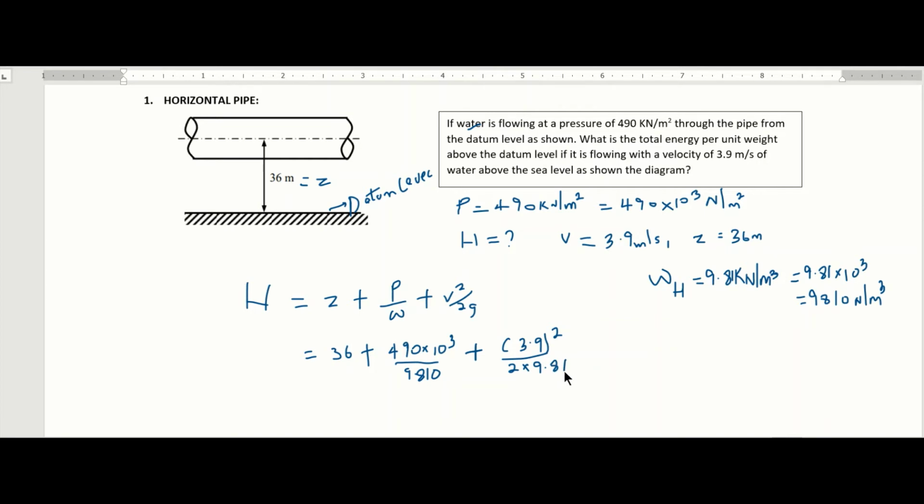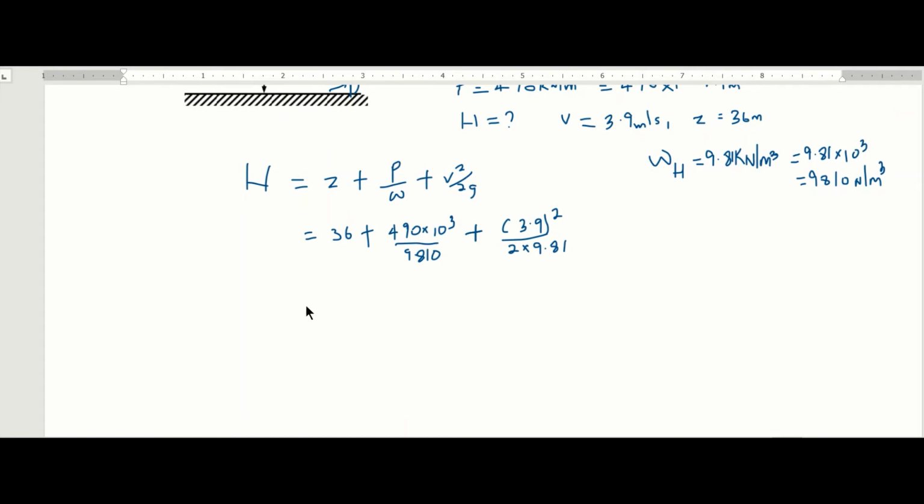So therefore our energy becomes 36 plus 490 times 10 to the 3 divided by 9810, which will give us 49.95, plus 3.9 squared divided by 2 times 9.81, which will give us 0.78.